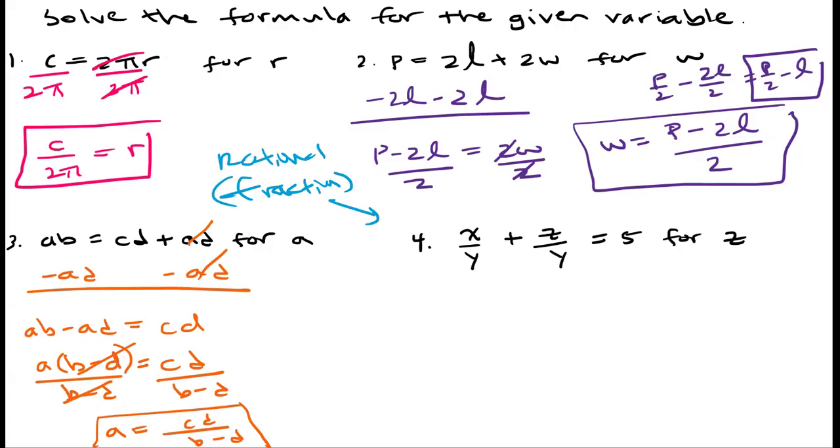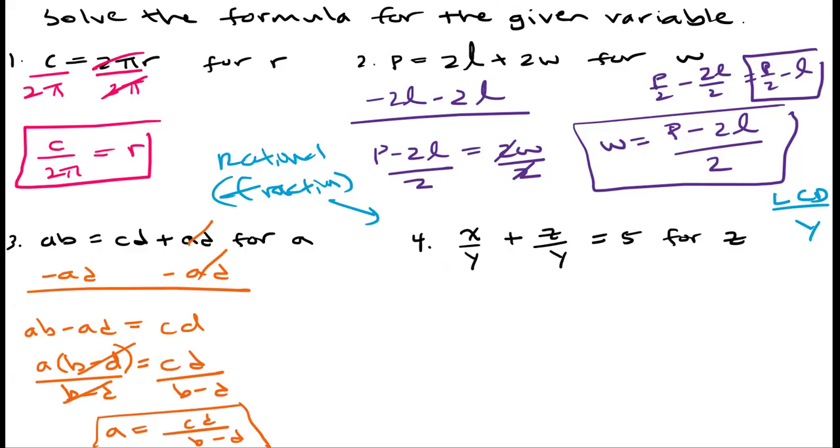So when I deal with rational equations, we have the denominator, right? So I want to get rid of the denominator. So in this case, what's going to be our LCD? What's the least common denominator here? Y, good, right? So Y is my least common denominator.